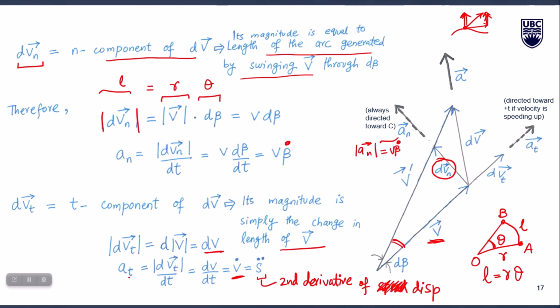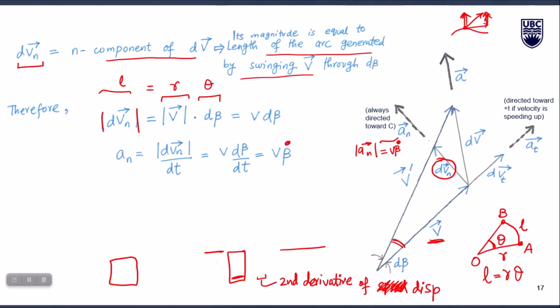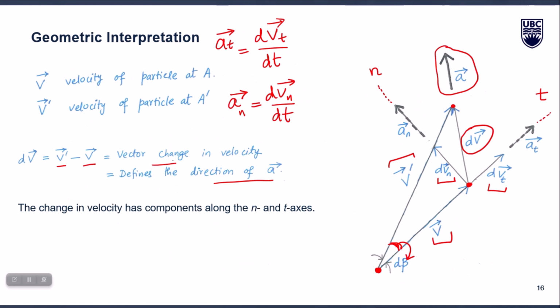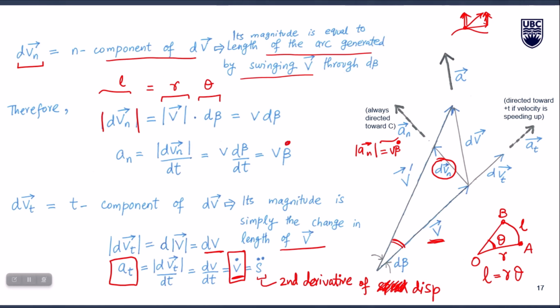Again we have reached the same equation, which is a sub t equal to the first derivative of speed, which is v dot, right? So we have seen that equation earlier also, so we reach the same equation again, a sub t equal to v dot, right? So geometrically we reach the same two components of acceleration by resolving the change in velocity vector along the n and t directions respectively.